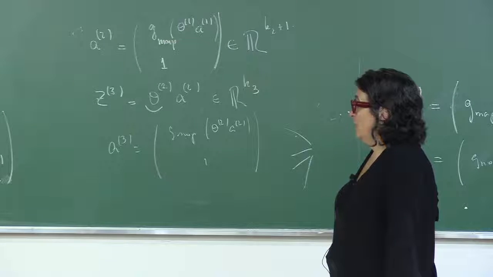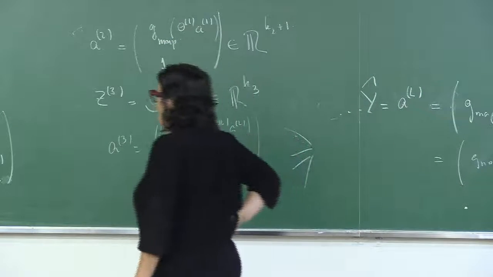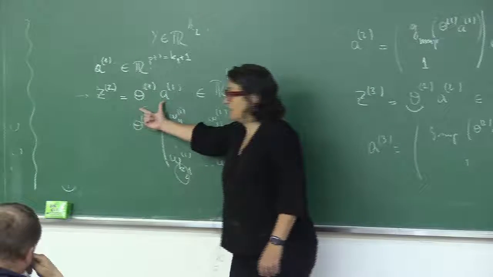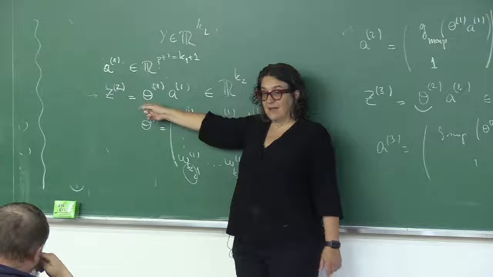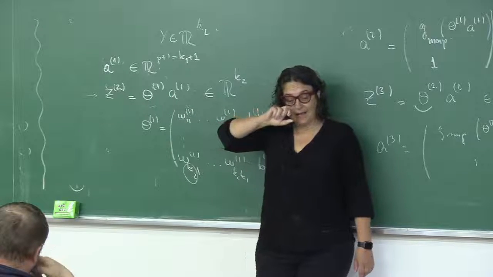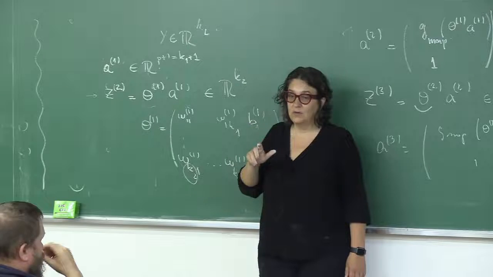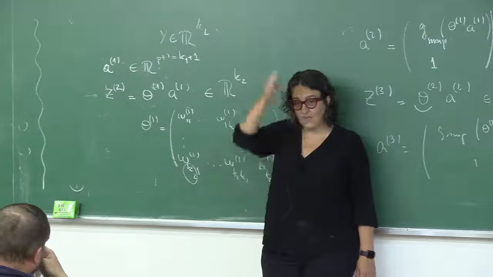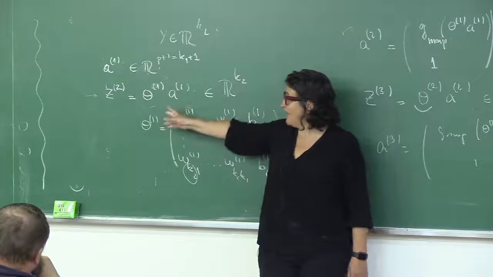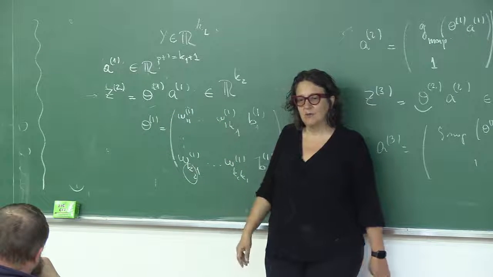Do you know why? Because when you want to take the derivative of this with respect to theta, this theta is a matrix. And the only way we know how to do the derivative is to vectorize. When you vectorize this, you have to use tensors. We will see that.